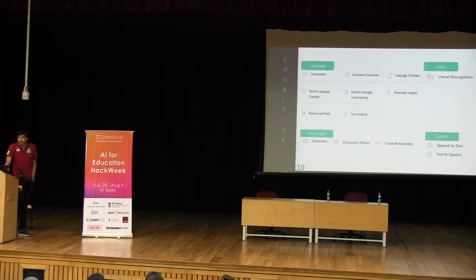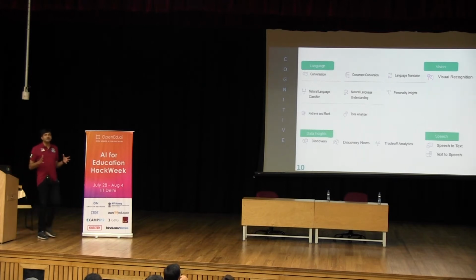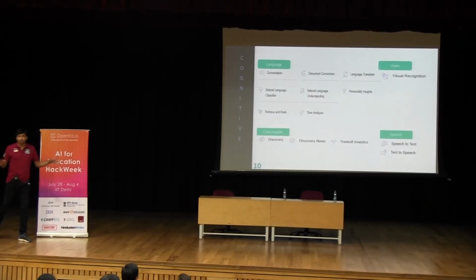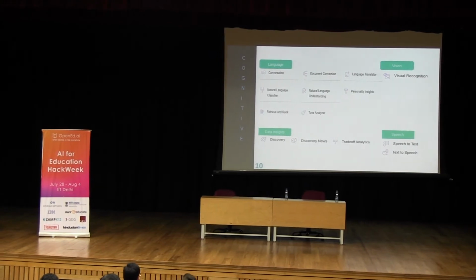So I was talking about the Watson portfolio. There are multiple APIs which fall under the Watson umbrella. These APIs are segregated into 4 parts. One is language, second is vision, third is data insights, and fourth is speech. Under the language sub umbrella, we have APIs like the conversation API, which is basically used to create chatbots, right?